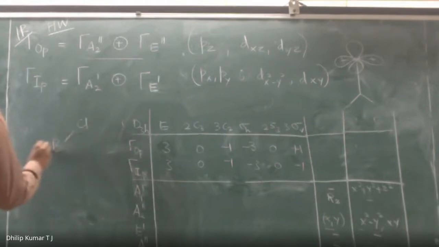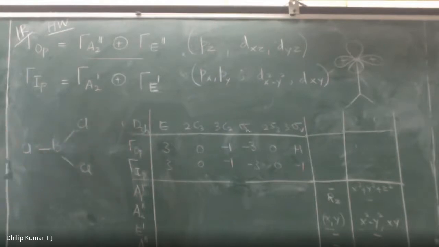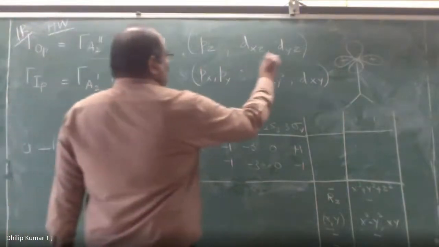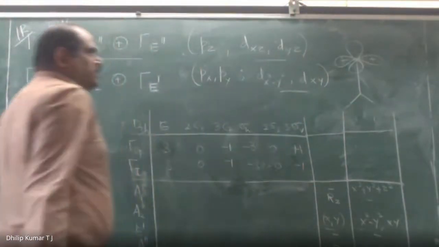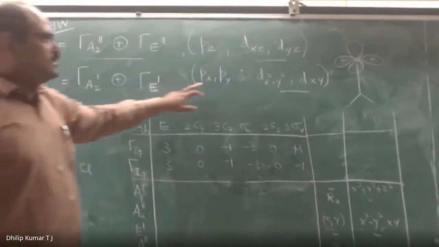Cl has no d orbital, so it's only S and P, and boron has only S and P orbitals. So we don't have to consider these two d orbitals in our consideration. So only PZ orbital corresponds to out of plane orbitals, and in plane orbitals correspond to Px and Py.